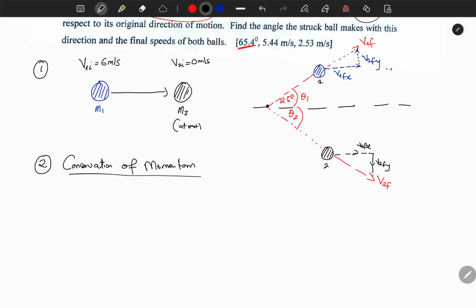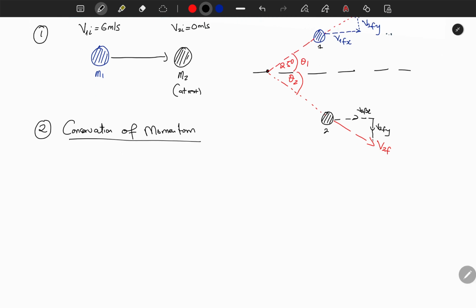As we look at conservation of momentum, remember that momentum will be in both axes, the y and x. I think I've already defined the terms. So let's talk about the x component and let's talk about the y component.